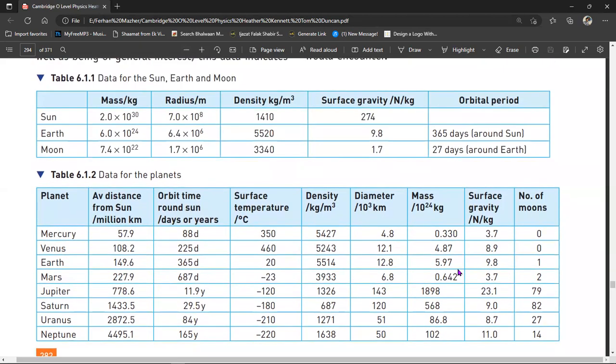So, my dear students, this is the data for the Sun, Earth, and the Moon. I hope this video has not been too long. So we will cut this and then we will continue with this chapter.